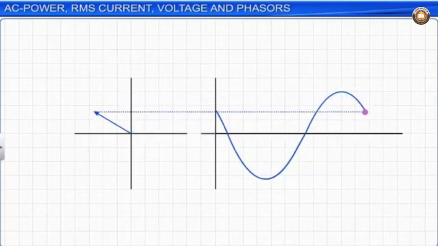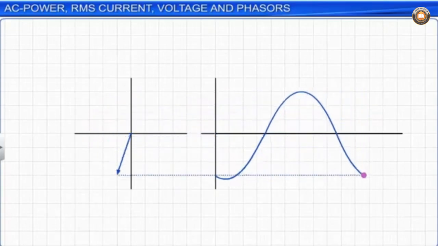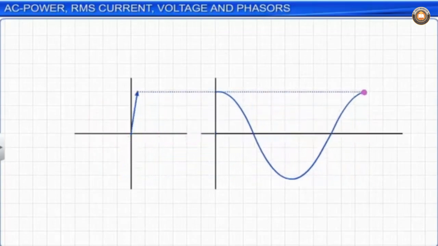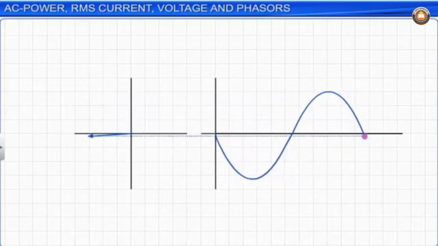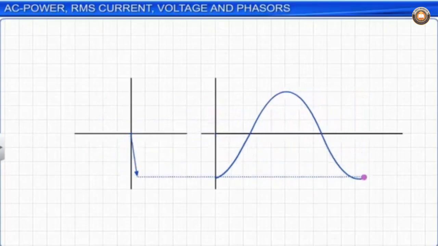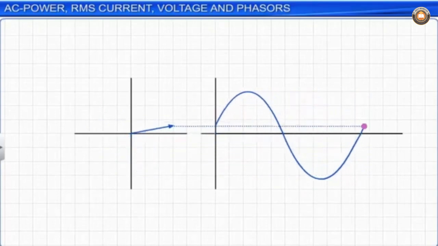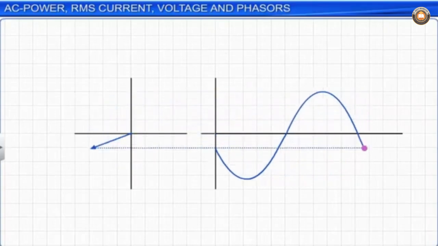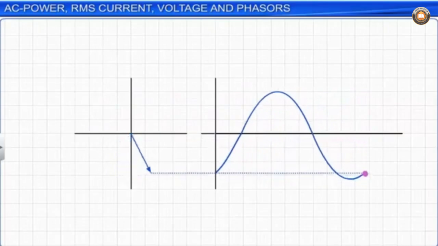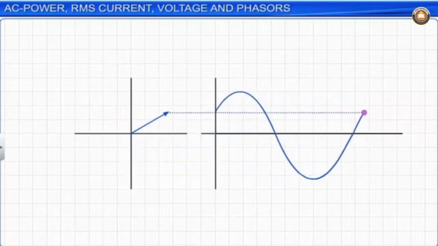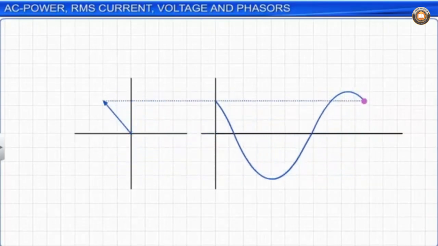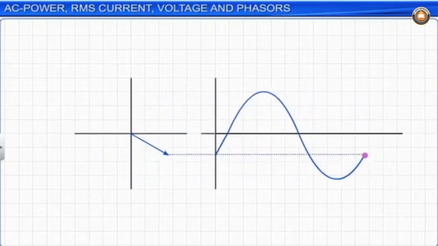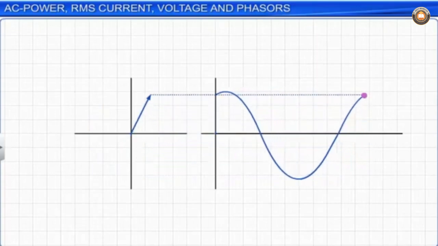A phasor is a representation of a sine wave whose amplitude, phase, and frequency are time invariant. We can visualize a phasor as a phase vector that rotates about the origin with an angular velocity omega. Thus, the phasor of a wave is a vector that has a magnitude equal to the amplitude of the wave and that rotates around the origin with an angular velocity equal to the angular frequency of the wave.